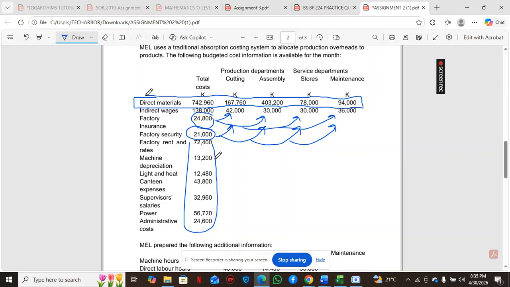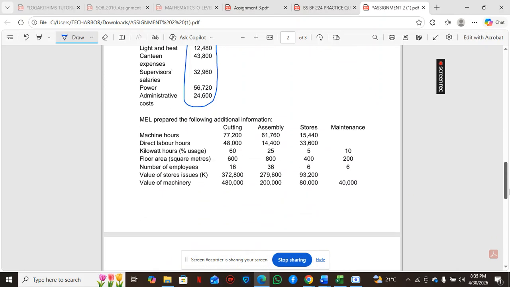The way we're going to share out these overheads is through this information here. This is the information that we're going to use to share out our overheads to each of the departments.